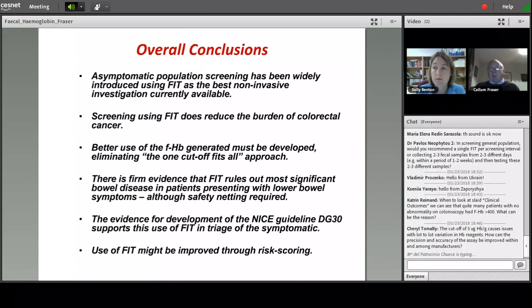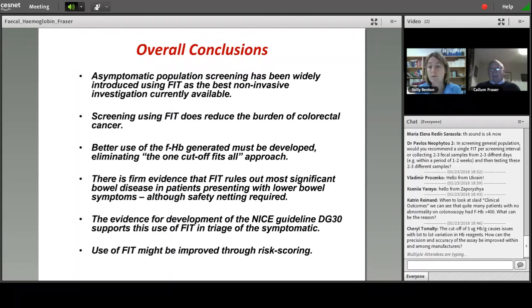The logistics of getting people to fill 2 or 3 specimen collection devices is quite complicated, and most publications encourage the use of one and one only FIT specimen for use in screening, particularly because most screening programs are not just doing one-off. It's not just a prevalent screen. They are repeating the FIT every year or every 2 years, depending on the resources mainly in that country.